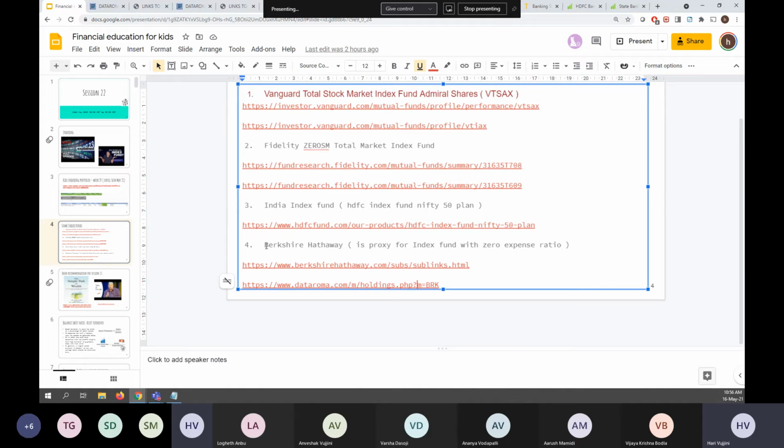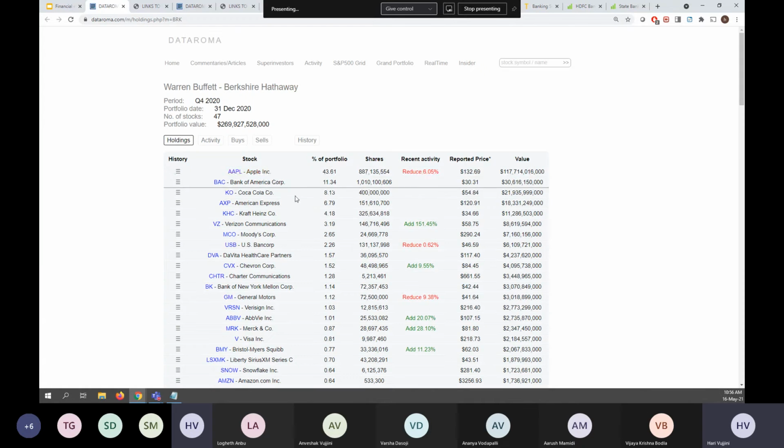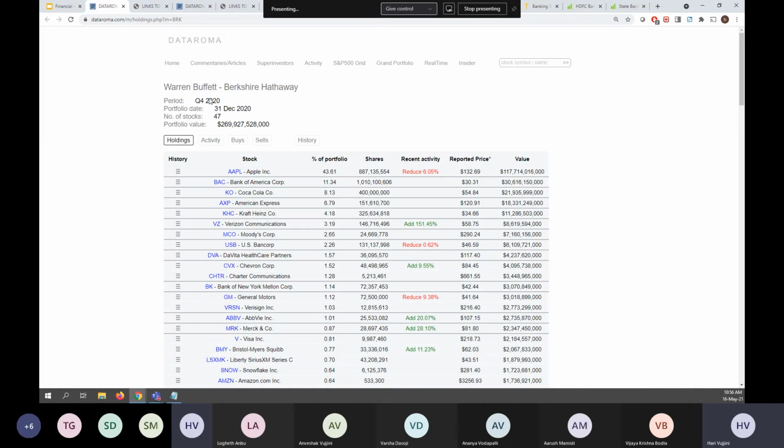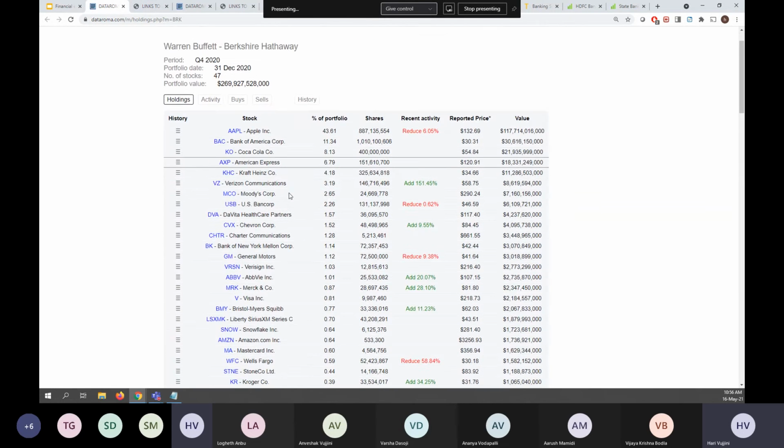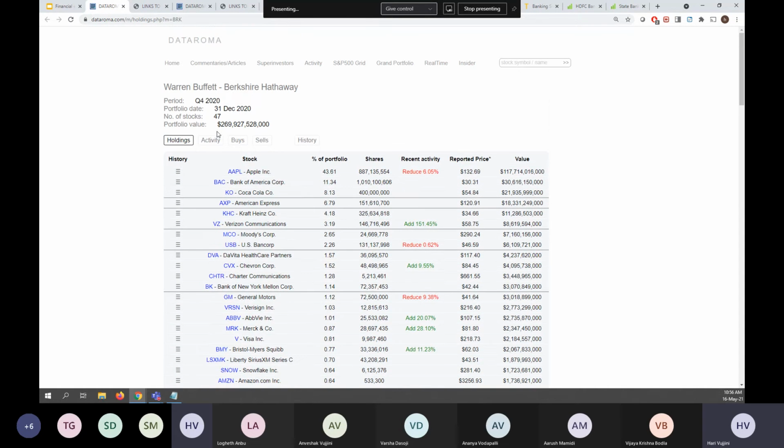If you buy Berkshire Hathaway shares, you are getting ownership in all the shares they own plus all the companies they own. So it's similar to an index fund. You are buying a tiny percent ownership of all these 80 plus companies that they own 100%, plus their portfolio. So, how many billions is this?